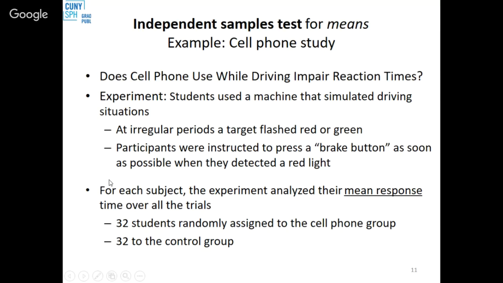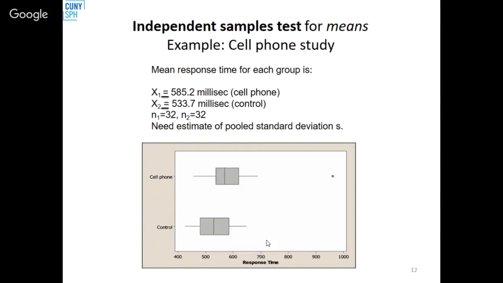In this study, for each subject, the experiment analyzes their mean response time, for 32 students randomly assigned to the cell phone group and 32 to the control group. So in fact, is this a paired or an unpaired design? This is unpaired. These are 64 individuals, 32 assigned to each group.